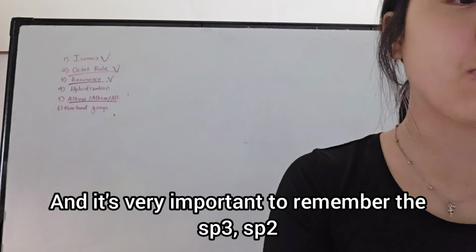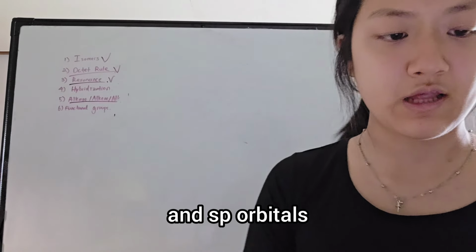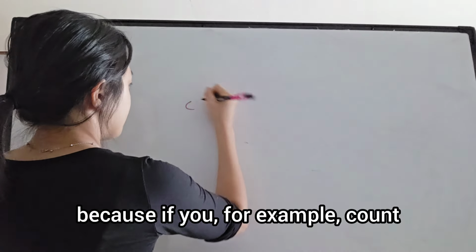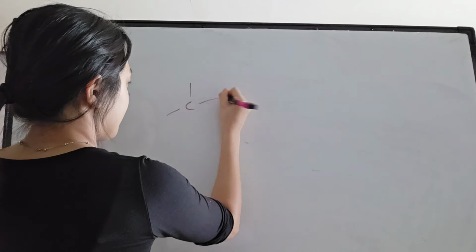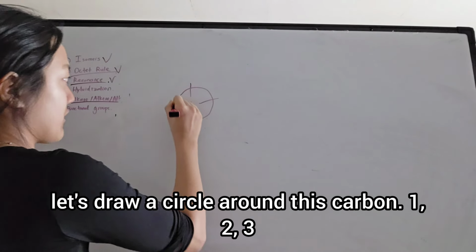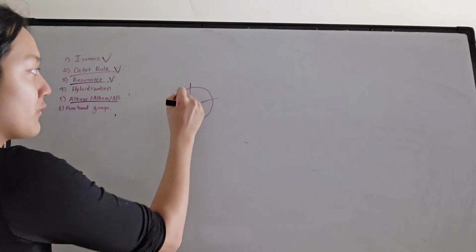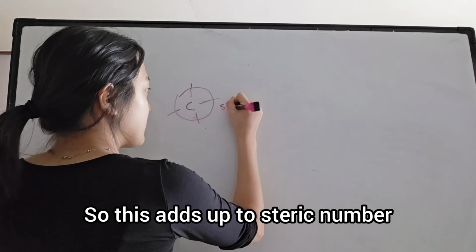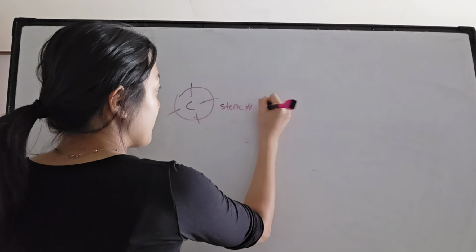And it's very important to remember the sp3, sp2, and sp orbitals. Because if you, for example, count this carbon atom over here, let's draw a circle around this carbon. 1, 2, 3, 4 bonds that are happening. So this adds up to a steric number of 4.